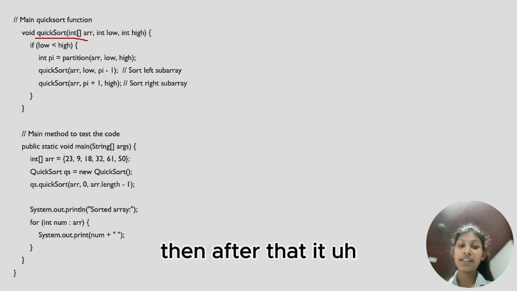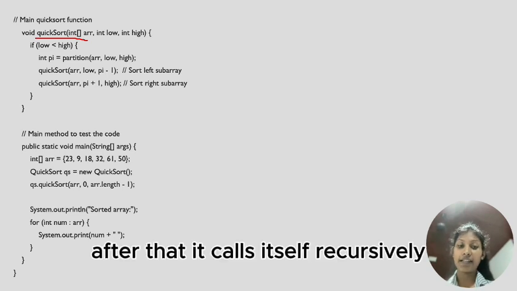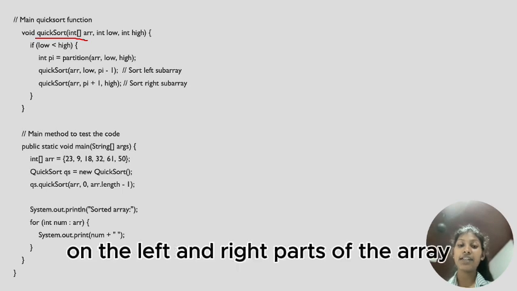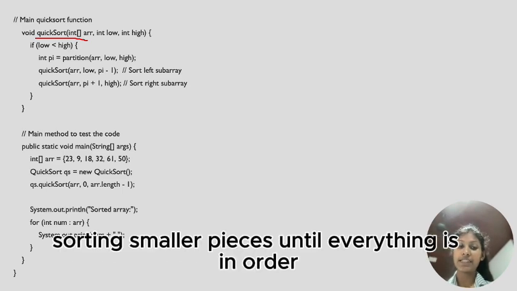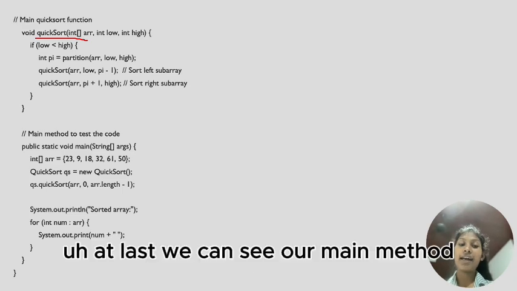Then after that it calls itself recursively on the left and right parts of the array, sorting smaller pieces until everything is in order. At last we can see our main method.